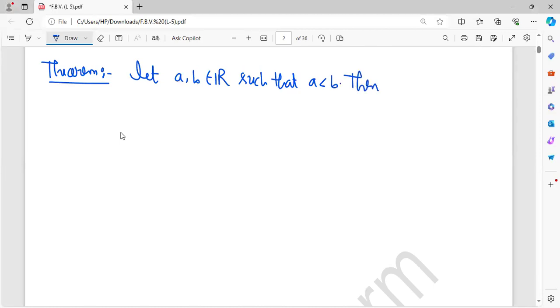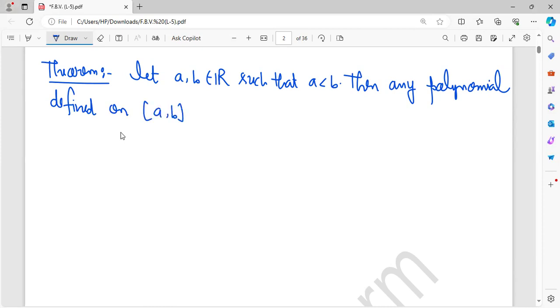Then any polynomial defined on the closed interval [a, b] is a function of bounded variation.